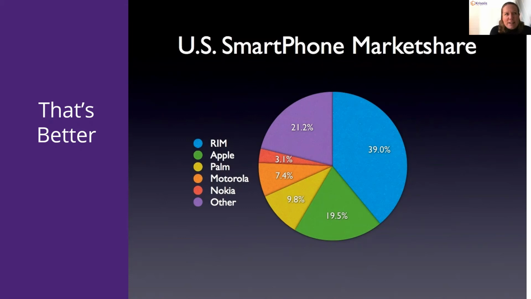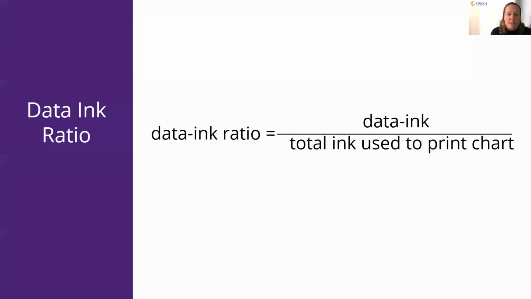Now I'm going to talk about this concept of showing the data and only the data. One of the ways of doing this is thinking about a concept derived by an amazing guy called Edward Tufte. Edward Tufte wrote four amazing books on visualization, and one of the key concepts he talks about is the data-ink ratio.